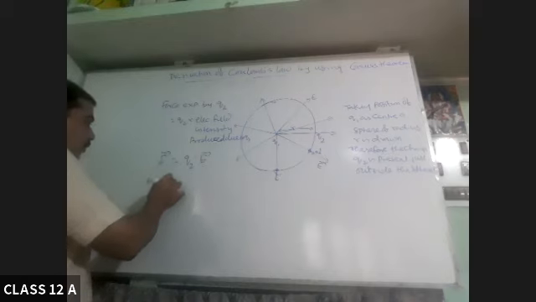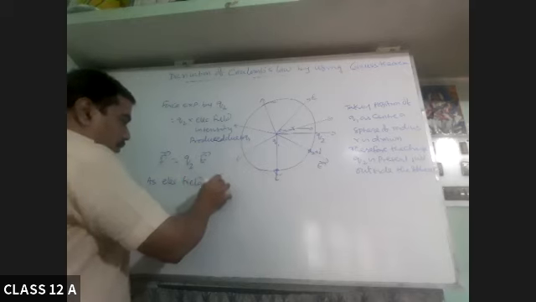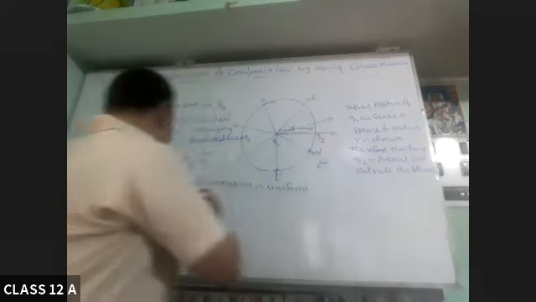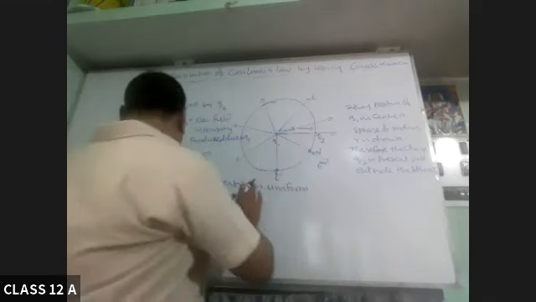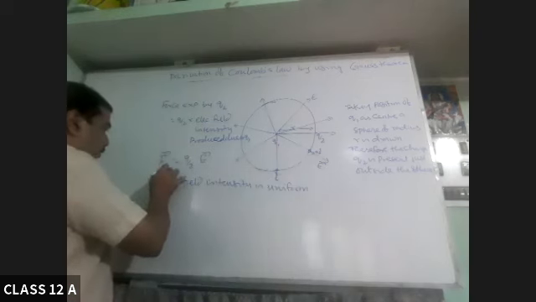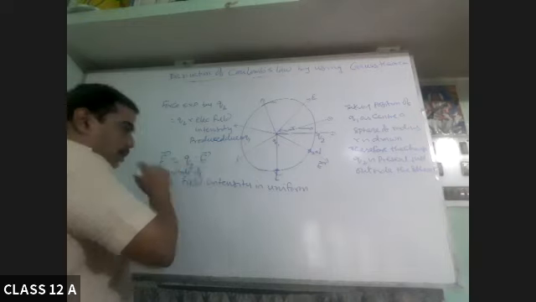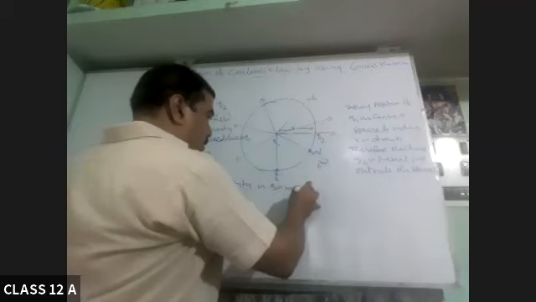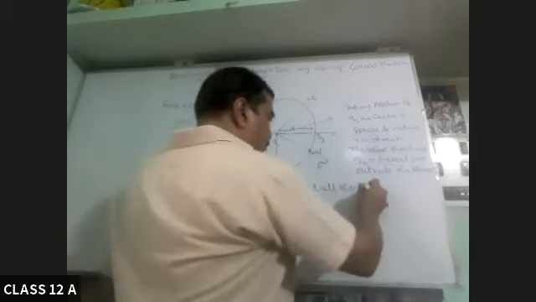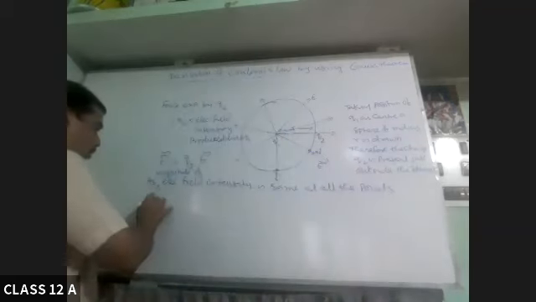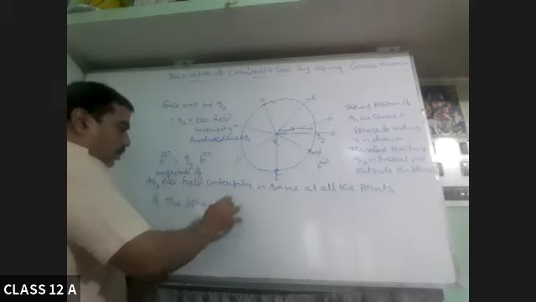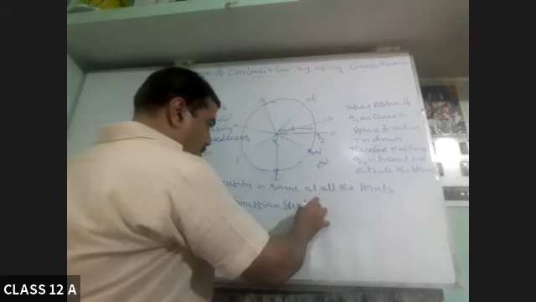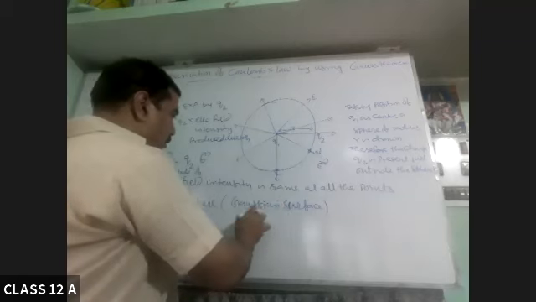The magnitude of the electric field intensity is the same at all the points of the sphere, or sometimes we call it the Gaussian surface or Gaussian sphere.